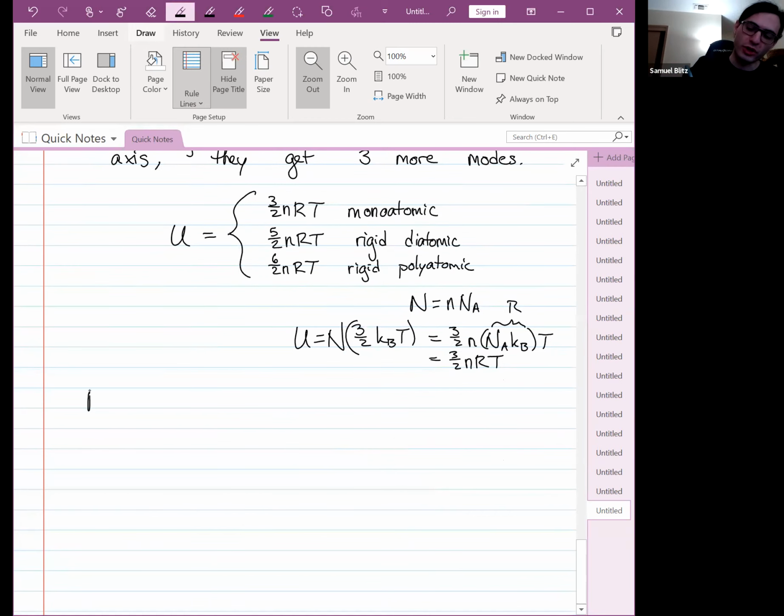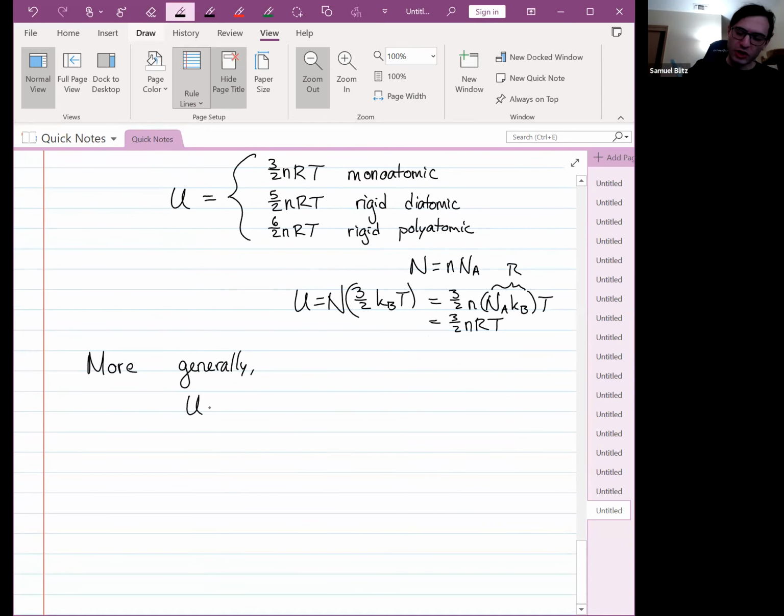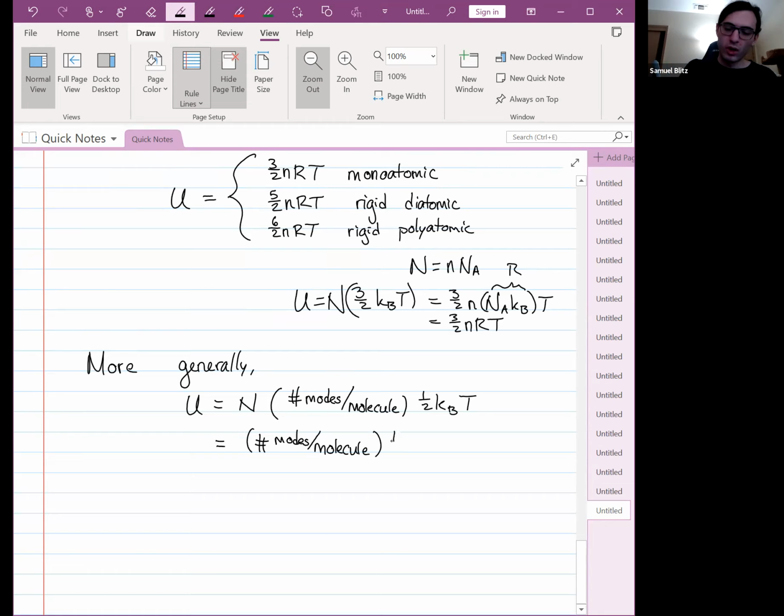And so we can actually just write more generally. The energy of a gas is N times the number of modes per molecule times 1/2 times kB times T. Or written another way, this is just equal to the number of modes per molecule times 1/2 times little n RT.